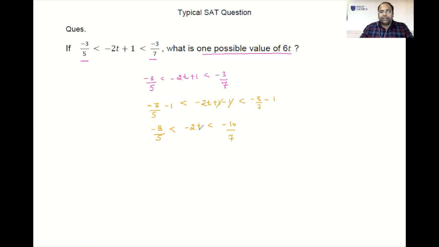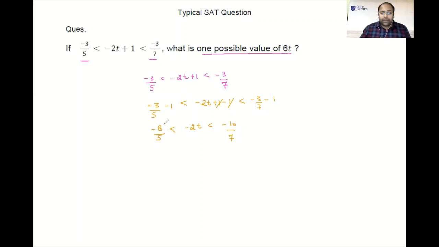The next step is we have to convert this -2t into t. So I'm going to divide the entire inequality by -2. And always remember, whenever you multiply or divide your inequality with a negative value, the sign of the inequality gets reversed.